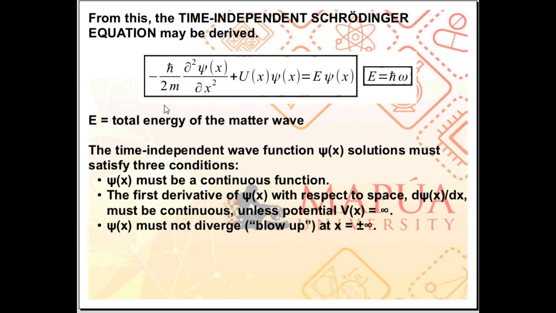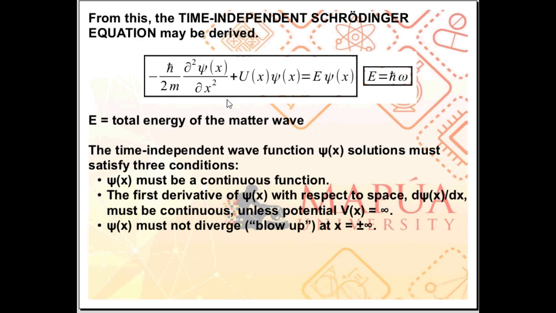Negative h bar over 2m, double partial differentiation of small psi, plus U small psi is equal to E small psi, where E is equal to h bar omega. E is the total energy of the matter wave.